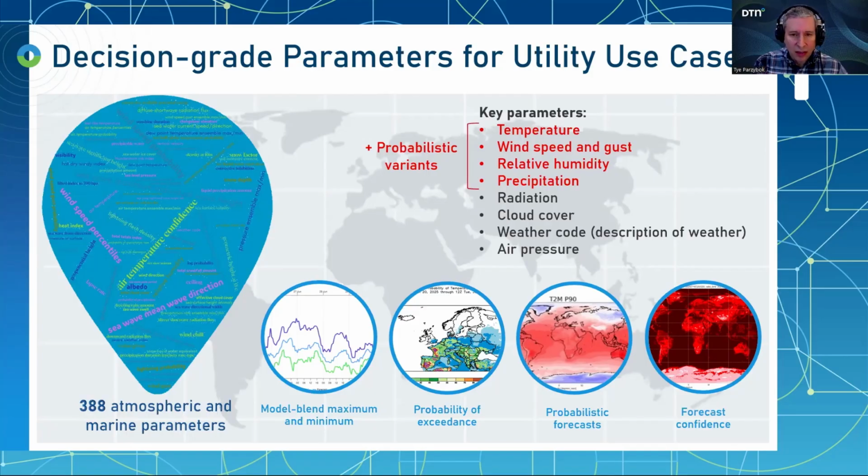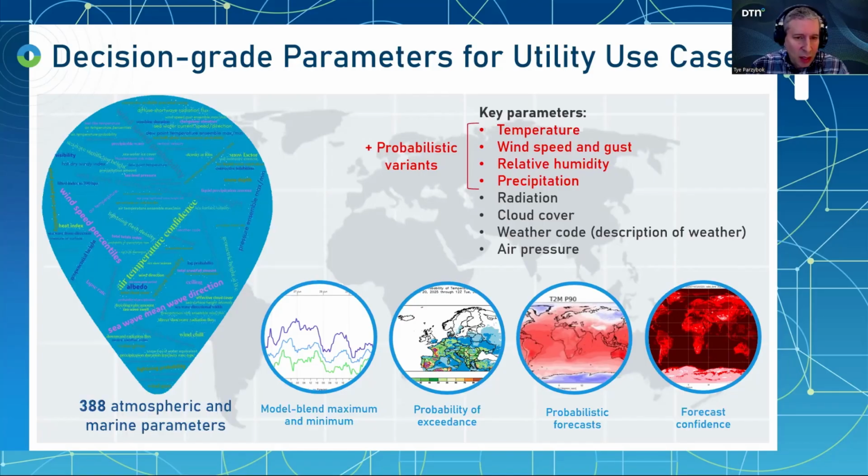That's basically the forecast, in this case a wind speed. So it really gives you a sense of the variability in the forecast, and how much potential uncertainty we have. The next is the probability of exceedance.